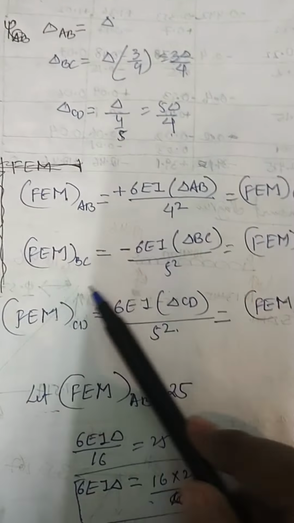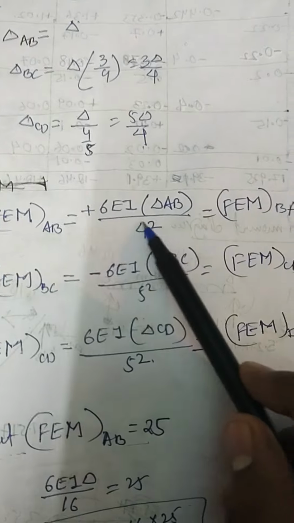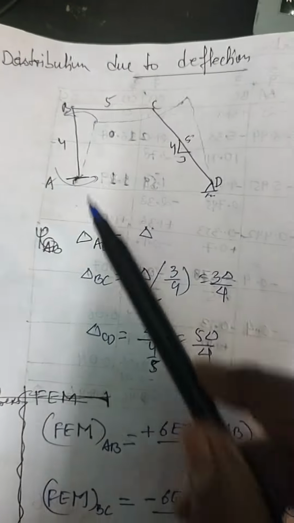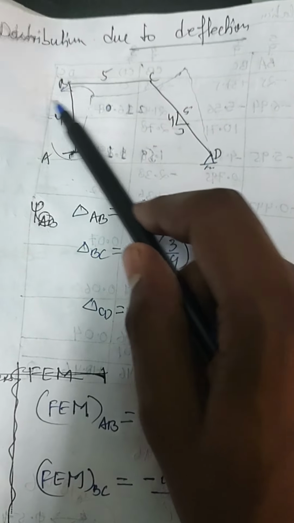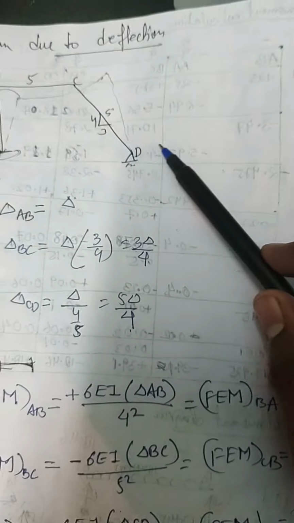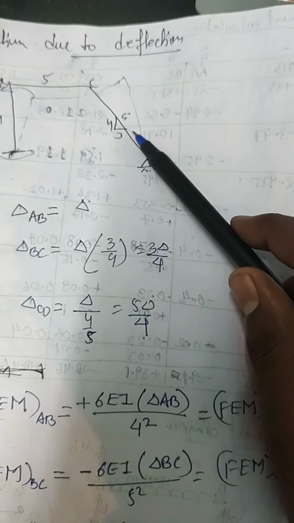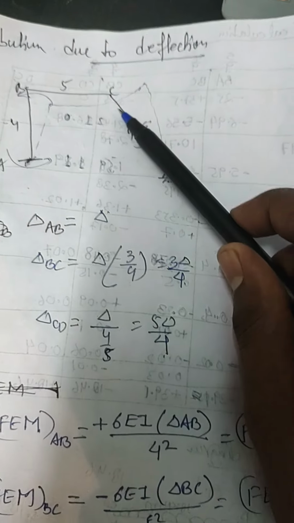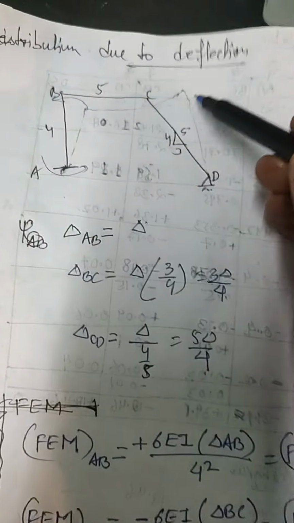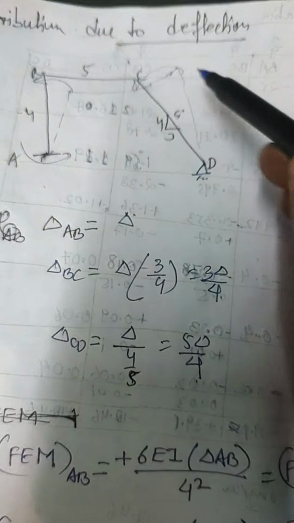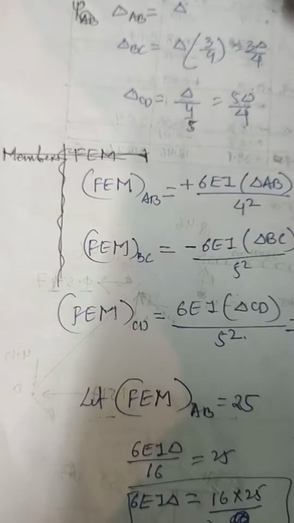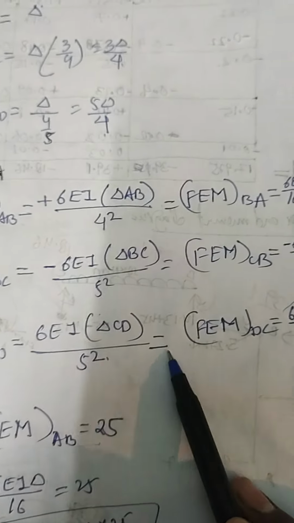See here, this fixed end moment at AB is positive. Why? Because this moment is in anti-clockwise direction, and similarly this CD portion is deflecting in this direction, so its moment will be in this direction, and this is again anti-clockwise. So for CD also we will have positive fixed end moment.